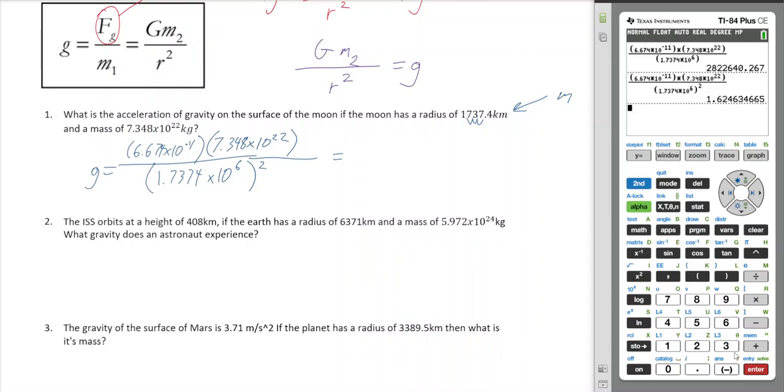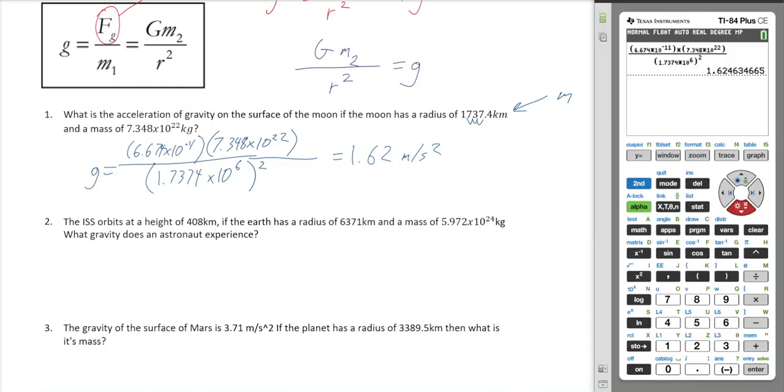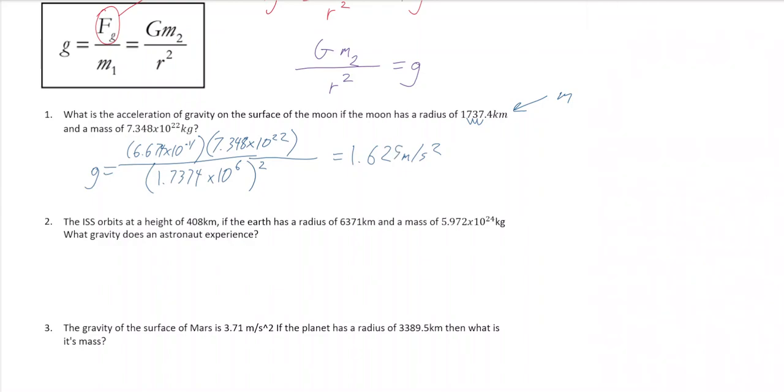So 1.62, 1.625. This is meters per second squared. So we have this as our acceleration due to gravity on the moon's surface.